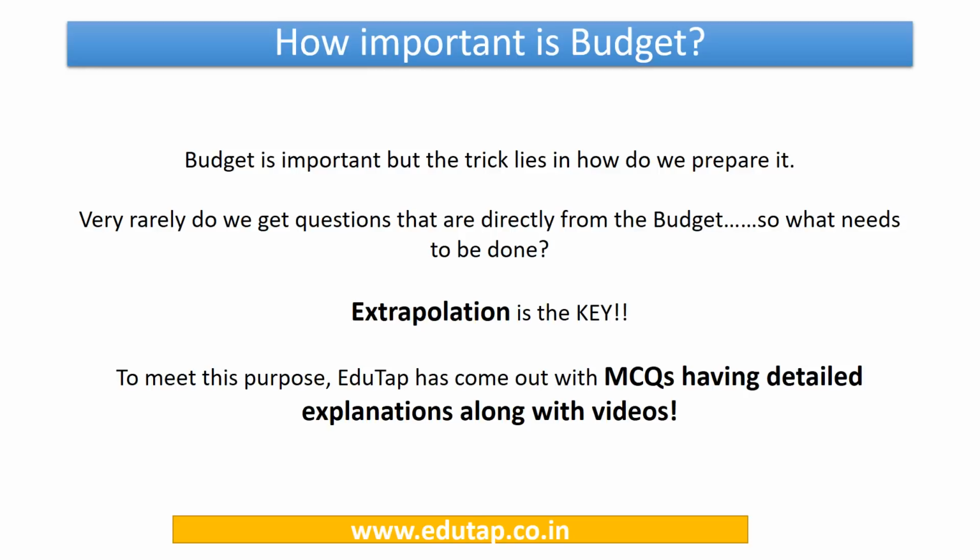So now not only have we covered the budget, we have also covered that particular scheme. Here we are trying to cover the budget in such a way that we get a holistic preparation. That is why we have come out with MCQs having detailed explanations along with the videos.